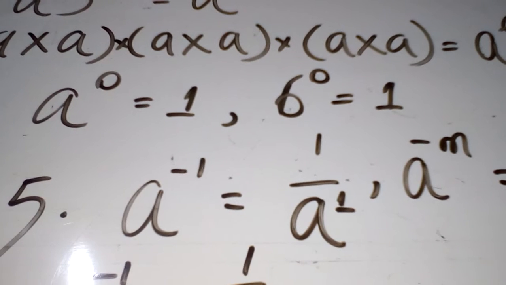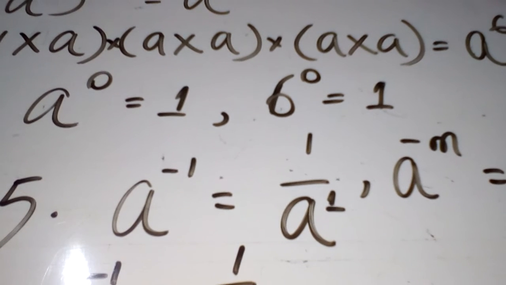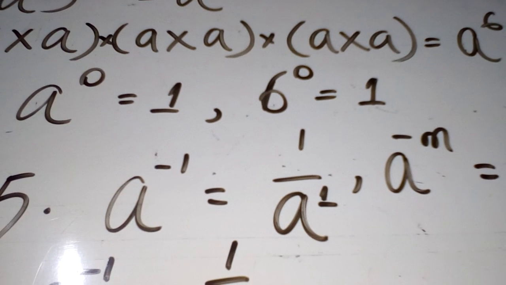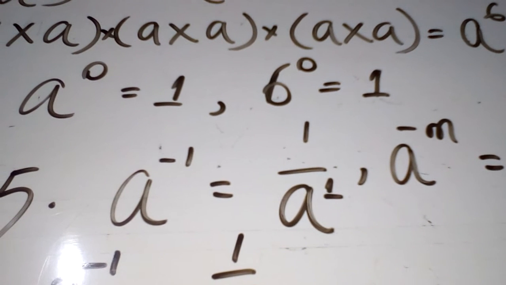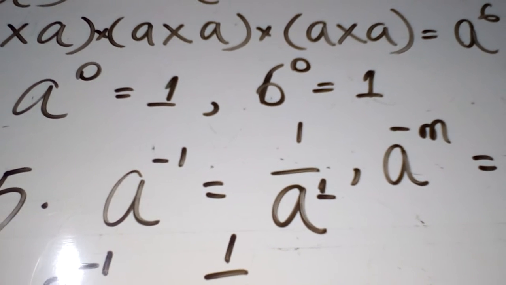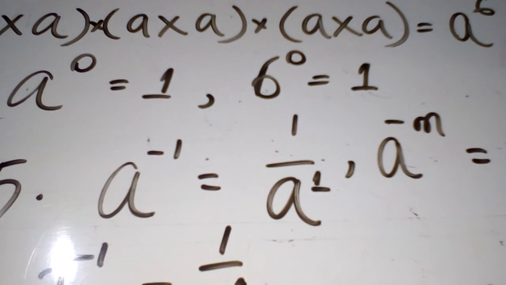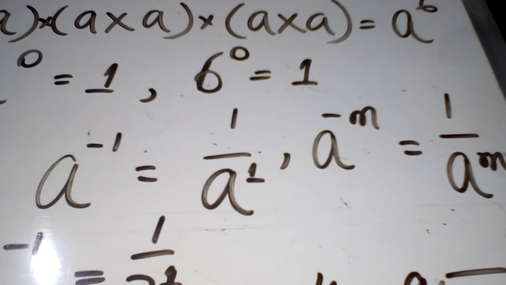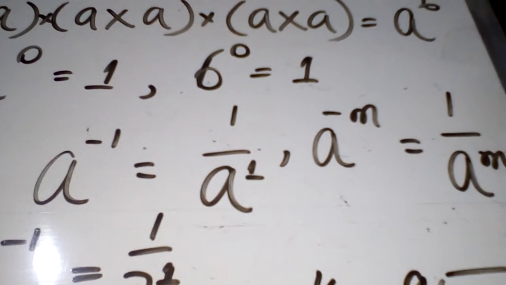Rule number 5. What about when you have negative indices or negative index? How do you represent this index? Basically, when you have a to the power negative 1, you're simply saying it will be equal to 1 over a to the power 1, which is 1 over a.